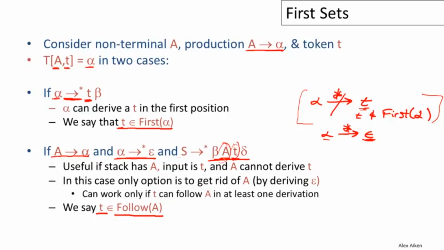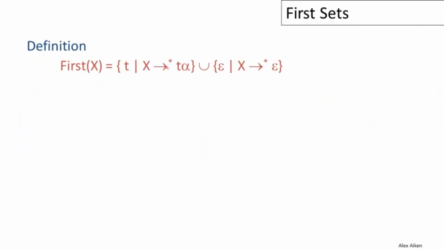So if the T can come after the A in a derivation, then we say that T is in the follow of A. All right, so in this video, we're going to focus on only this first part, the first sets. In the next video, we'll look at the follow sets, and then in the video after that, we'll talk about how to put it all together to build this parsing table.